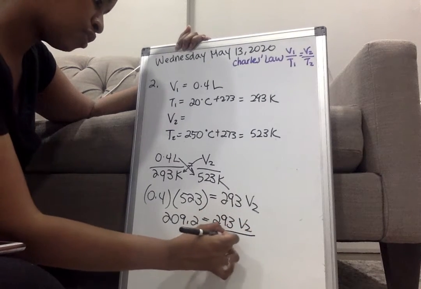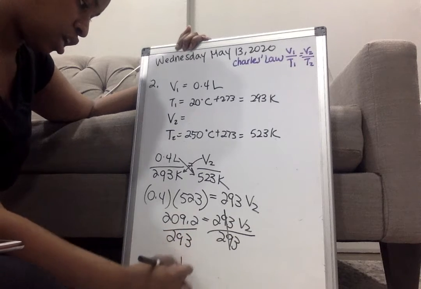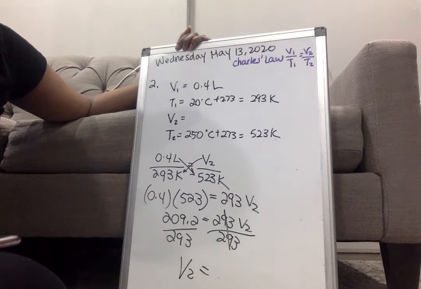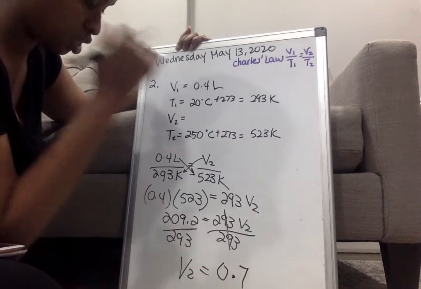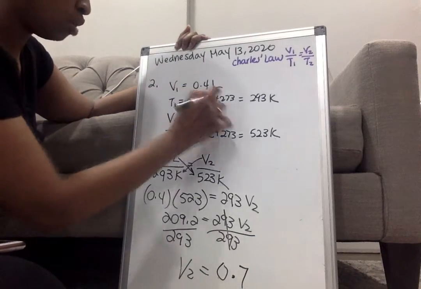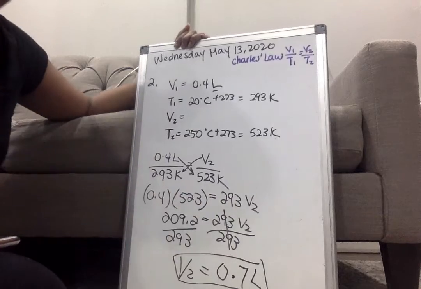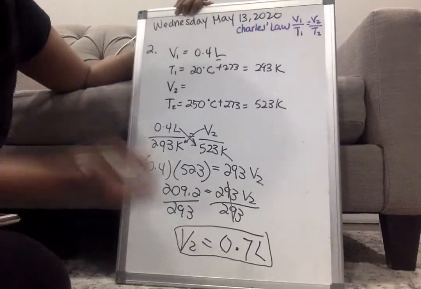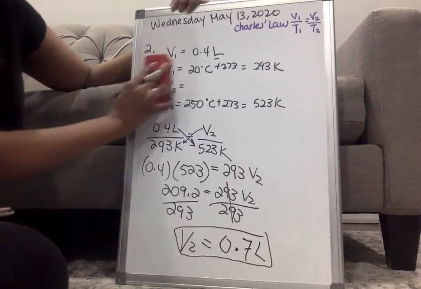Now I divide both sides by 293 to get V2 by itself. And if my calculations are right, our final volume should be 0.7. The units is liters. Okay, 0.7 liters.